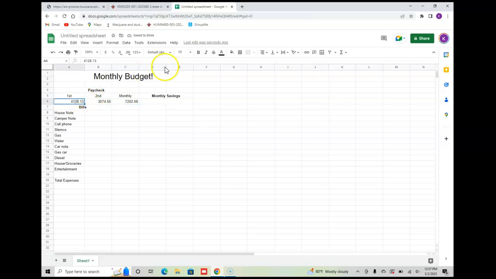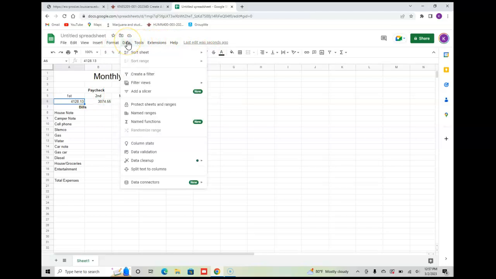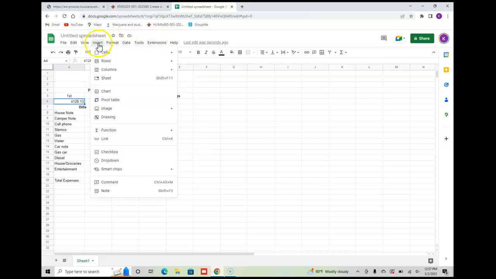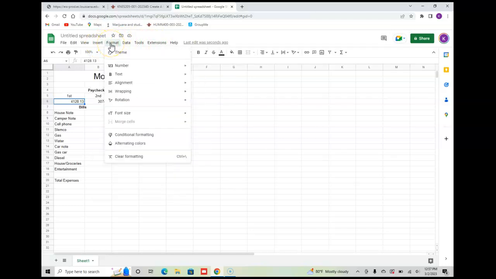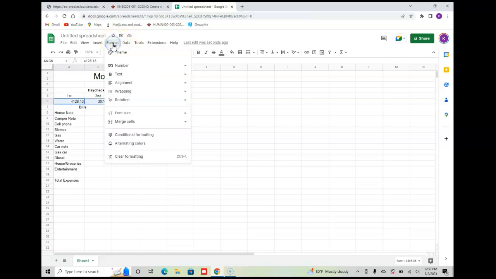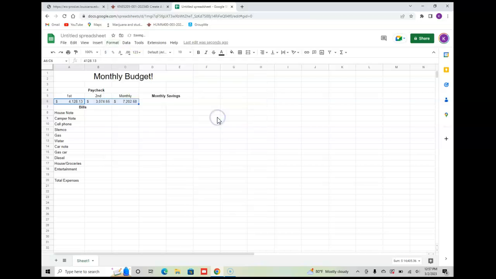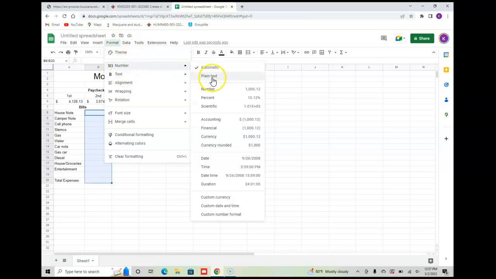I'm actually also going to, where is it at? Format these three cells into accounting. There we go. Okay, I'm going to format these into accounting as well.